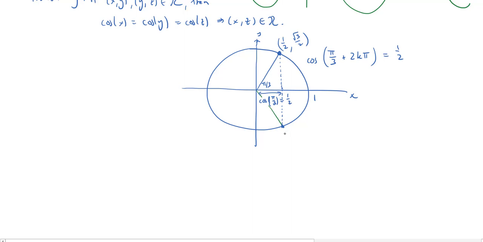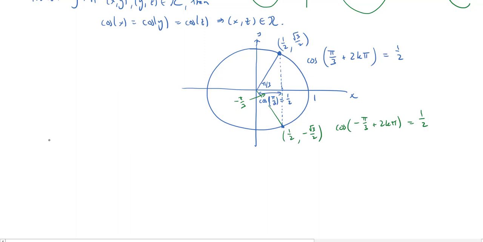Down here, the coordinate will still be 1/2, although the sign will be different, negative root 3 over 2. But we don't care about the sign. We only care about the cosine. This angle down here is negative pi over 3, and once again, I could go 2 pi around in any direction. So cosine of negative pi over 3 plus 2k pi would also be 1/2.